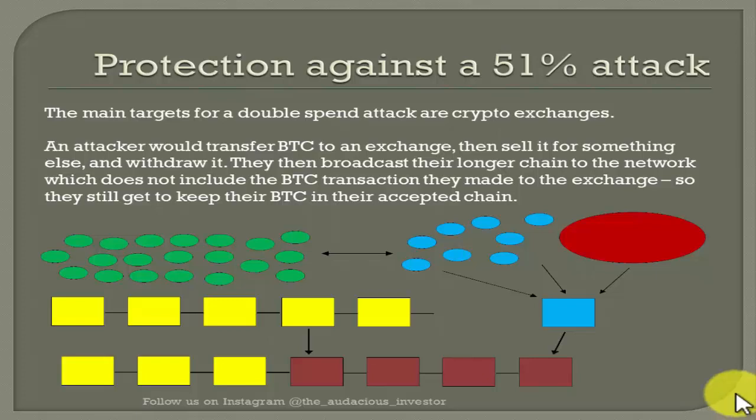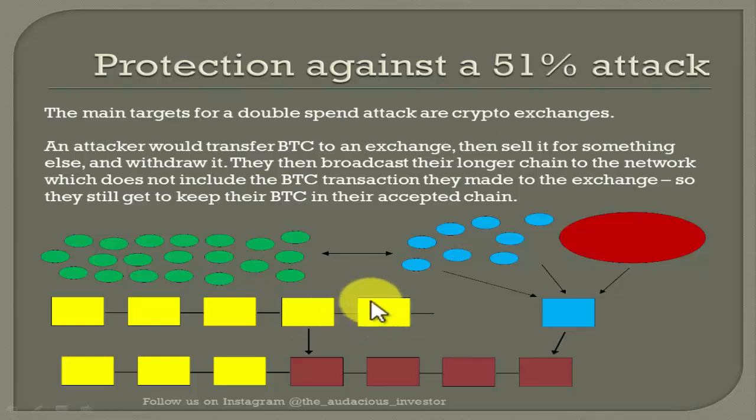So let's just look at this diagram at the bottom. Let's just say here, on this block here, the 51% attack has occurred. Now, on this block here, which is the valid chain, and this is the rogue chain that the 51% attacker is mining secretly and is eventually going to broadcast to the network. So on the valid chain, the attacker sent Bitcoins to an exchange and it's received one confirmation only.